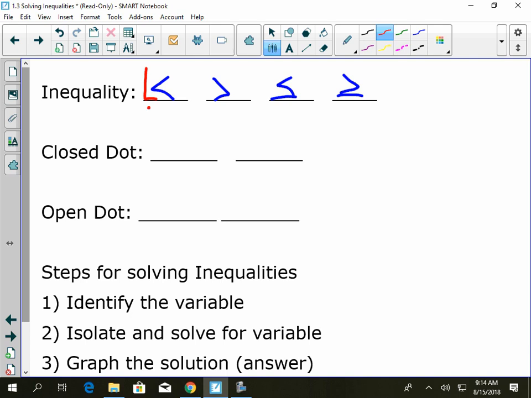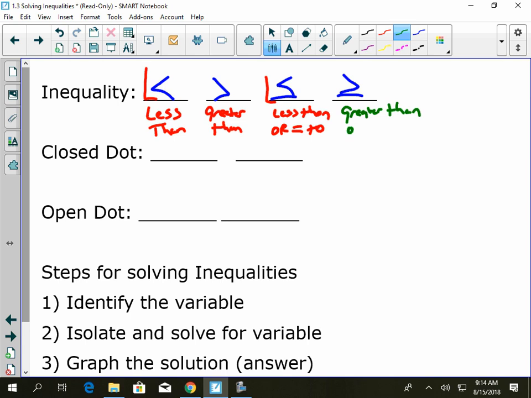It goes the same way as an L. This is less than. This is greater than. So this goes the same way as an L. What's this one? Less than or equal to. So what's this one? Greater than or equal to.